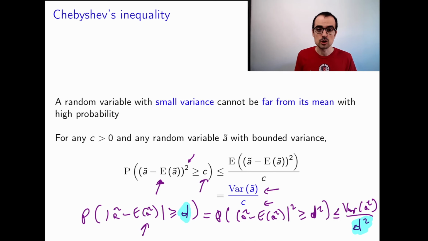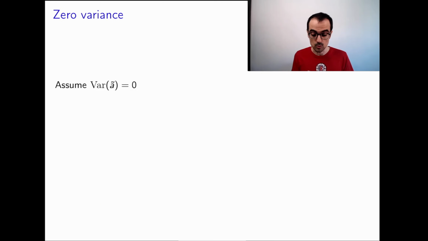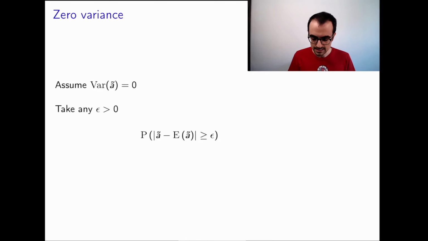An important consequence of Chebyshev's inequality is that if you have a random variable with variance 0, what does that mean? We are going to see that it means something very concrete. Let's consider the probability that the random variable deviates from its mean by epsilon.